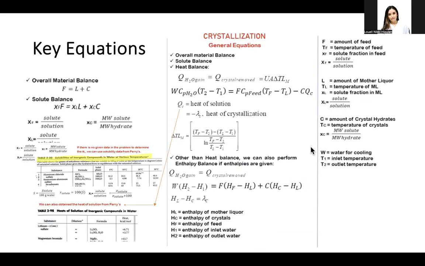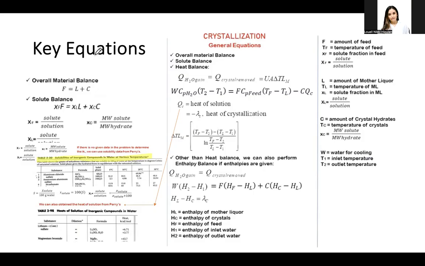Now, we have these key equations that are needed for your calculations. They will help us quantify what happens during the crystallization process, specifically how much crystals and mother liquor are produced. So you're going to use mass balance or material balance.